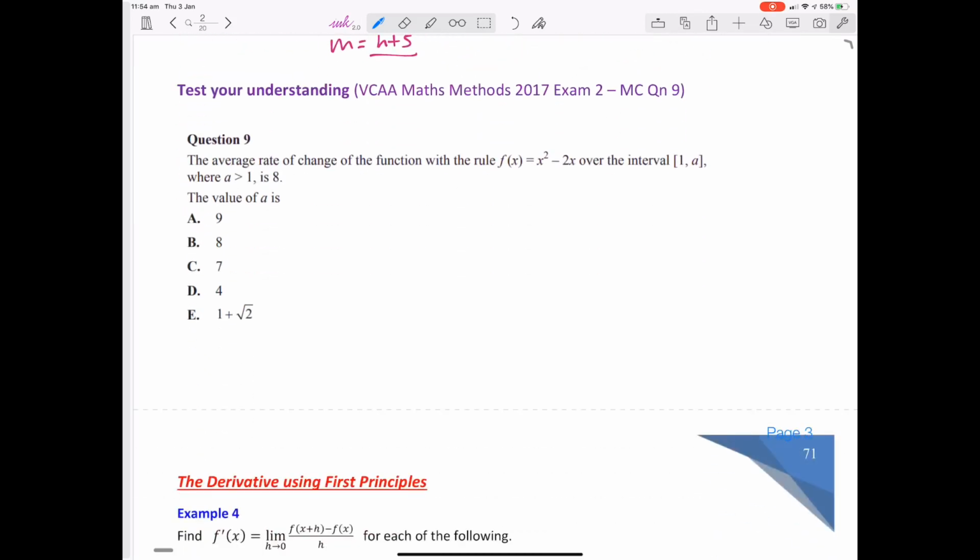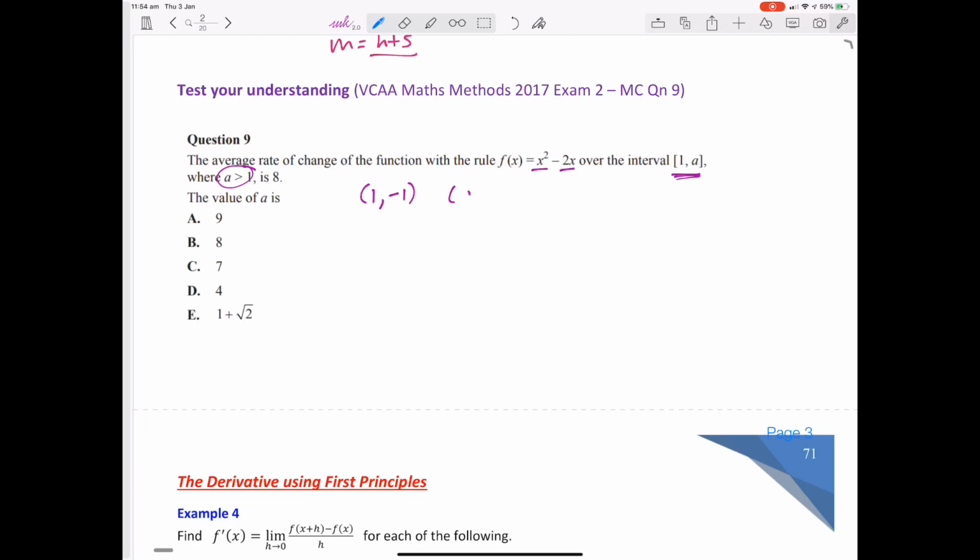Okay, so here, test your understanding. The average rate of change of the function with rule f(x) equals x squared minus 2x over the interval 1 to a, where a is greater than 1, so it's got to be to the right, is 8. So if I want to find the average rate of change between 2 points, I need their coordinates. So I've got the point 1, 1 minus 2 is minus 1.